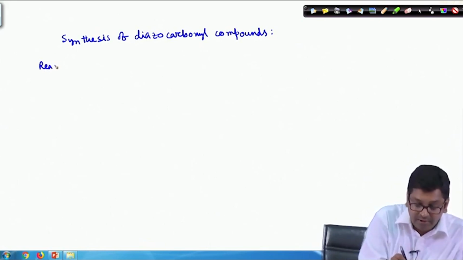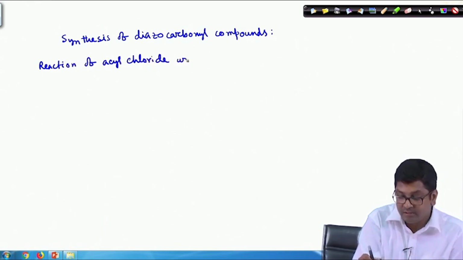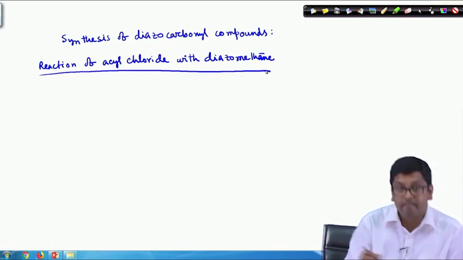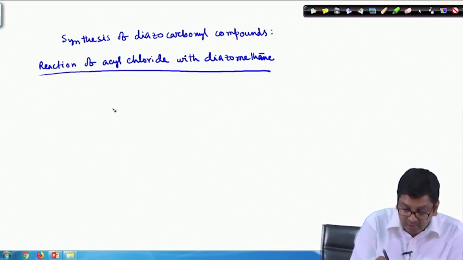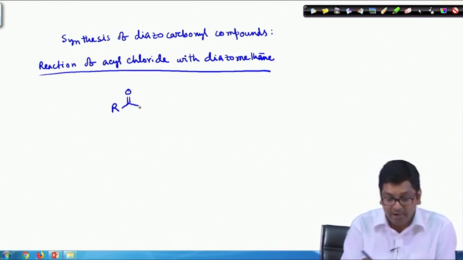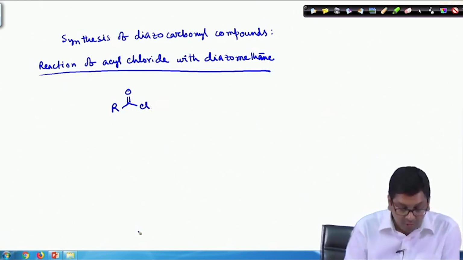So, reaction of acyl chloride with diazomethane. Okay. So, what is acyl chloride? If you take the carboxylic acids and treat them with thionyl chloride or oxalyl chloride, that will give the acyl chloride.